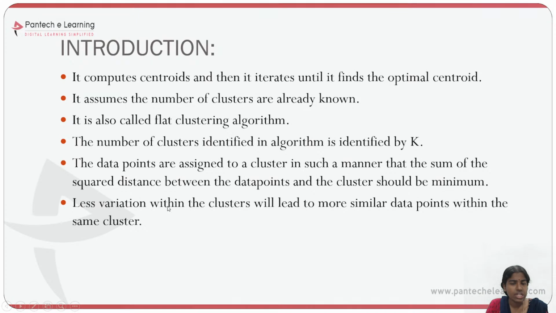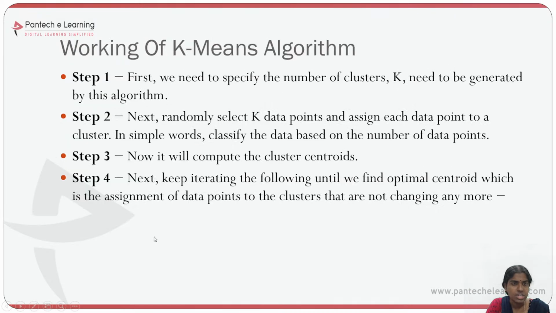The data points are assigned to a cluster in such a manner that the sum of the squared distance between the data points and the cluster centroid is minimum. Less variation within the clusters leads to more similar data points within the same cluster. This is the basic working principle of the k-means clustering algorithm.